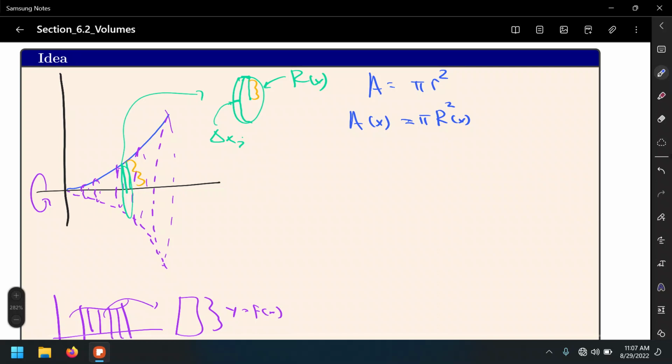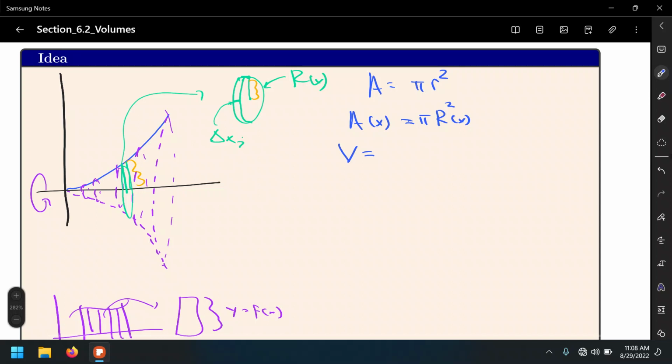Now we're going to go from this area to the volume of that cylinder. So recall that the volume in general is the product between the area, the bottom area, times the height. And that's true for cylinders, for cubes, rectangular parallelepipeds.